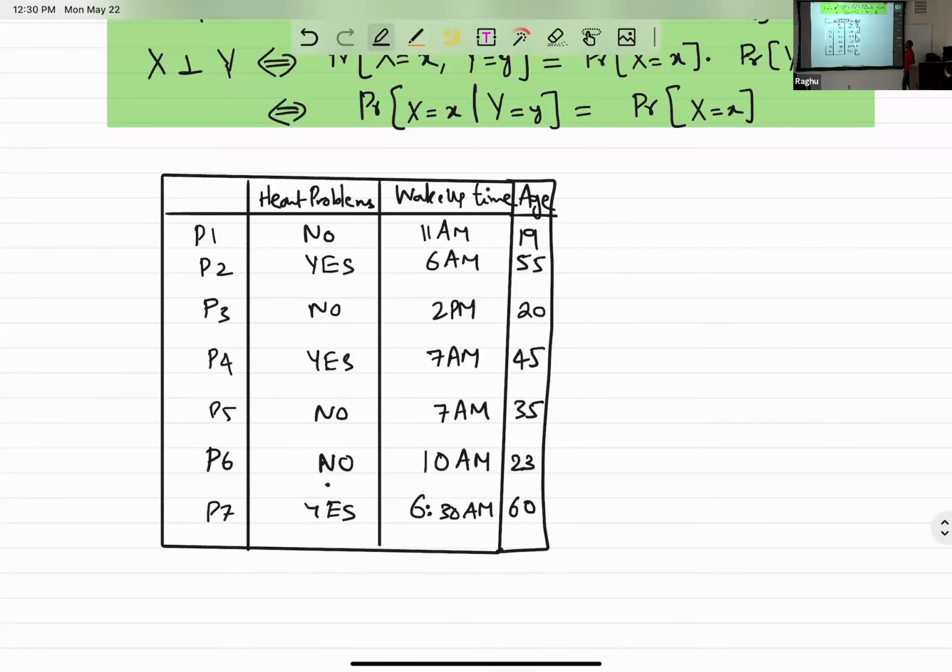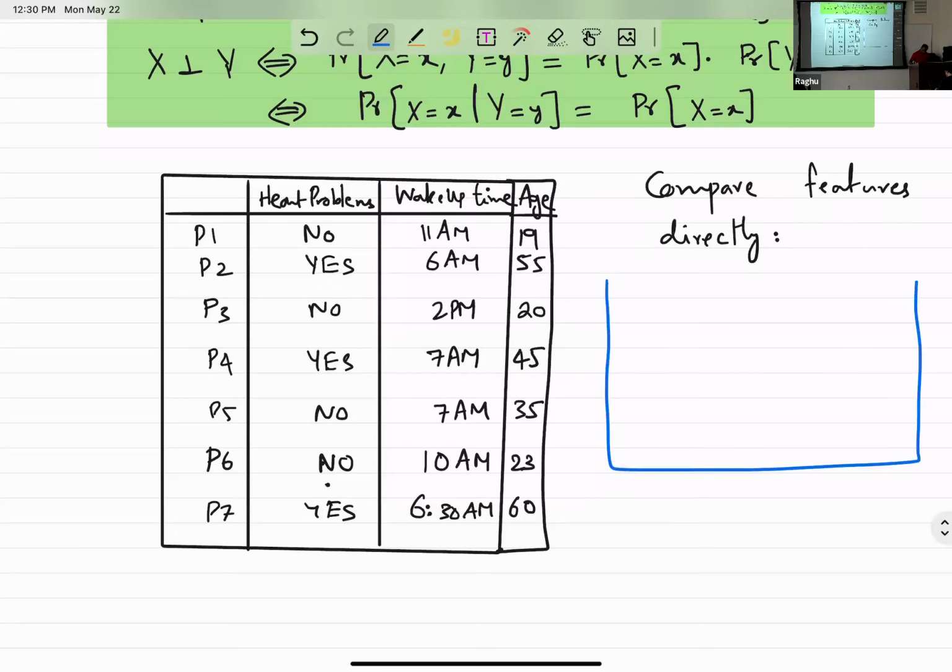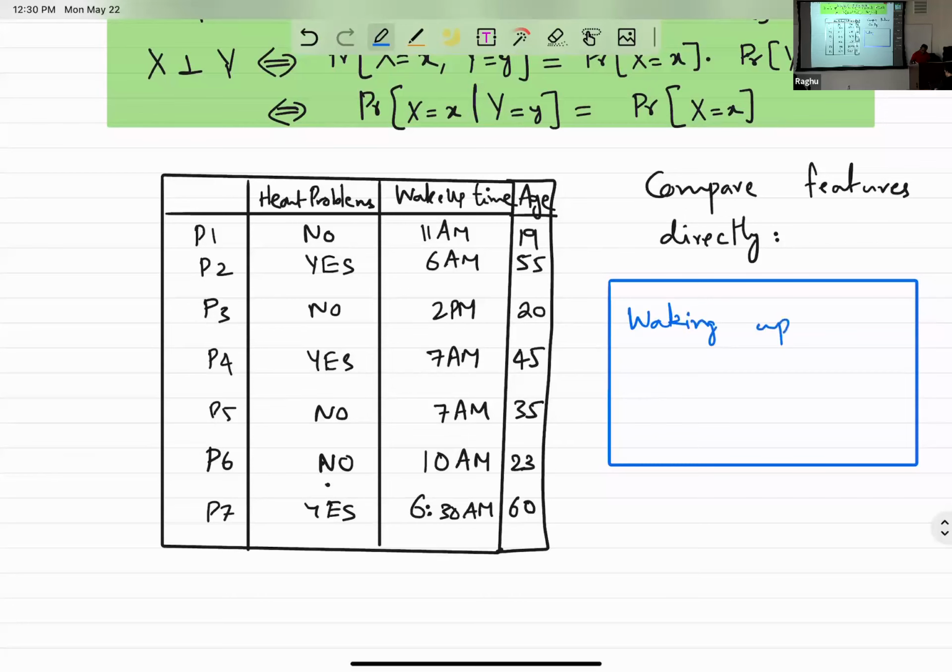So when you only look at column by column, if you compare features directly, the conclusion you would draw is that waking up early is bad for heart.